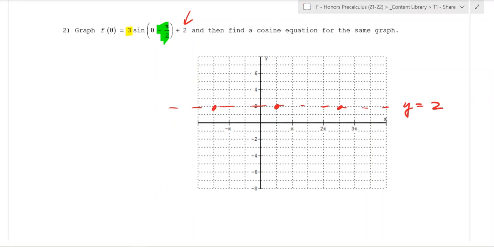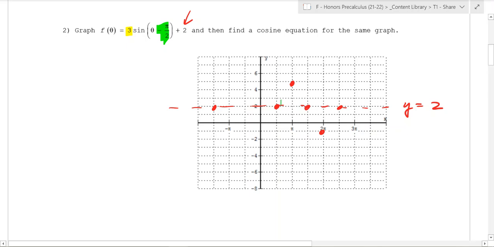Remember the general shape for sine is it's going to go up first, and the amplitude of this is 3, so it's going to go up to 5 here, and then it'll come back down to here, and then it goes down to the -1 right here, it's 3 down.